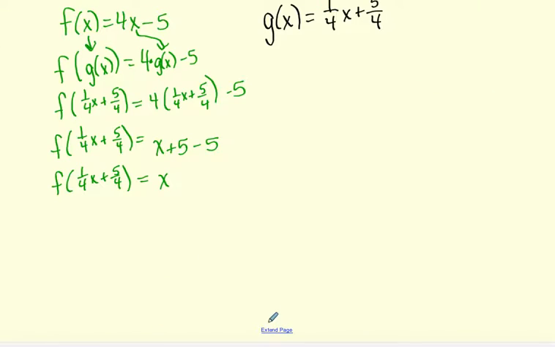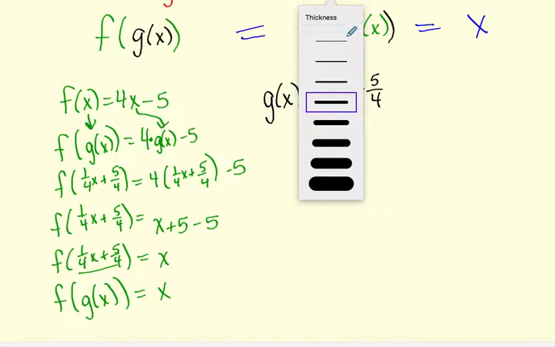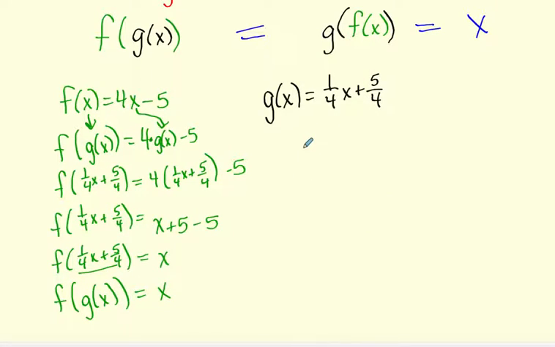Remember that I replaced this right here, so that is the g of x, just to make it look like the notation. So f of g of x does indeed equal x. But I have to check this one because to be inverses, it all has to equal. So let's do the next one.